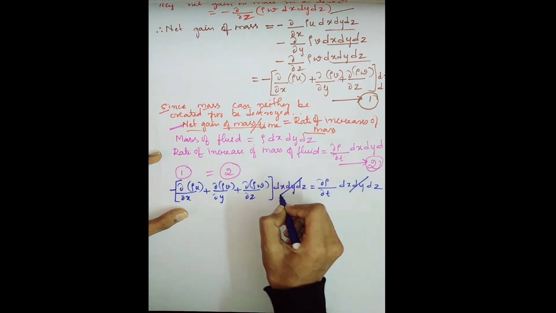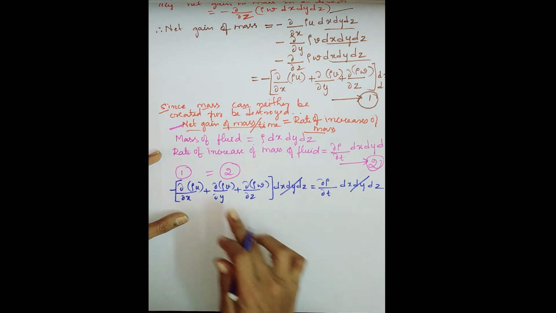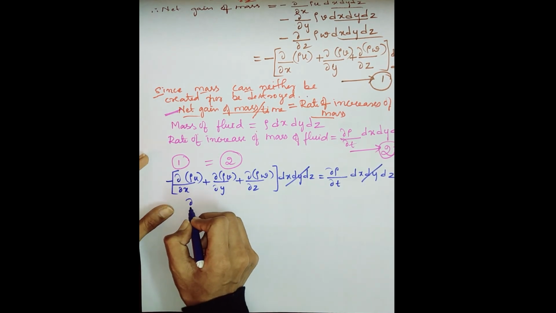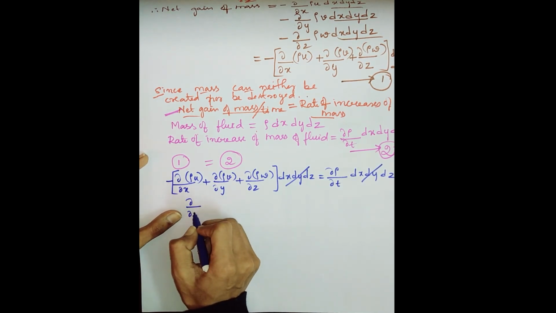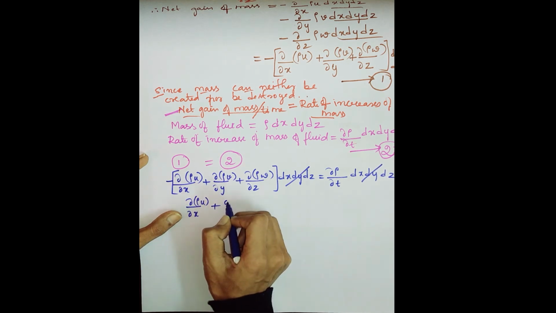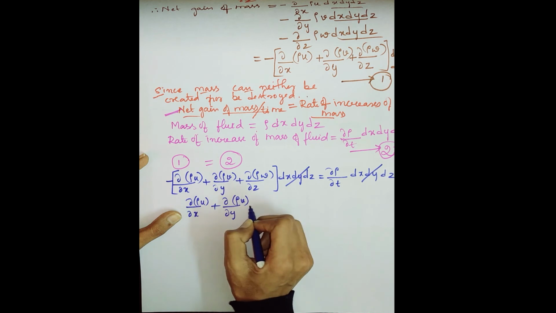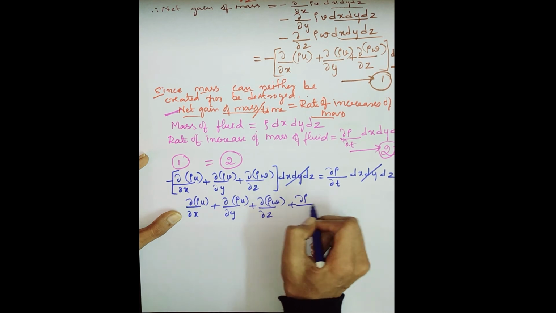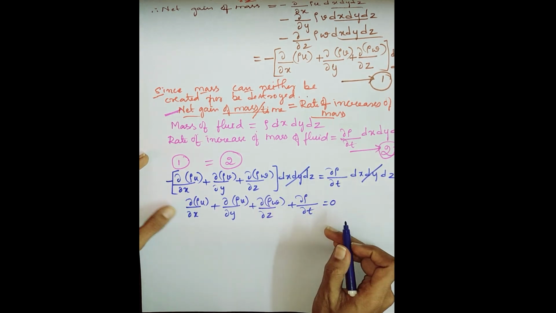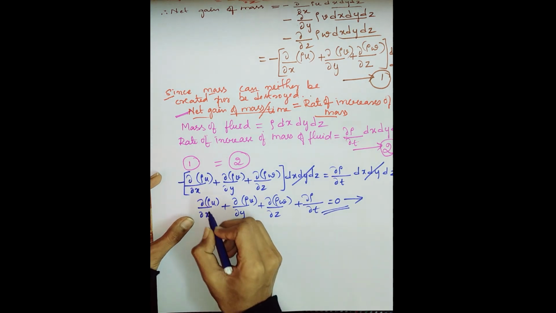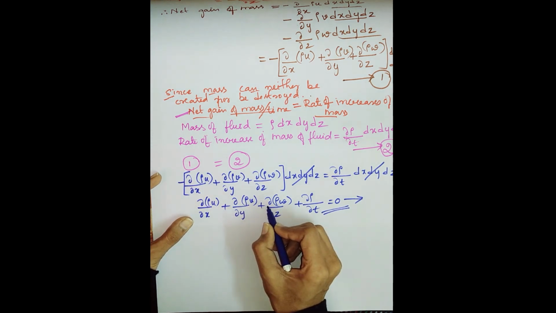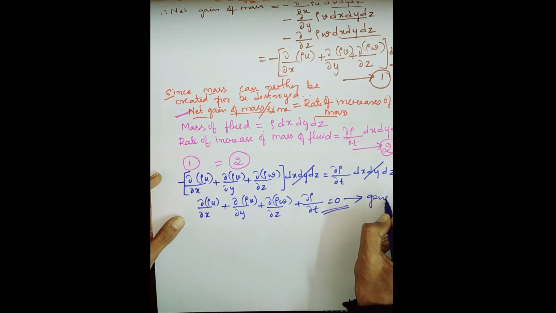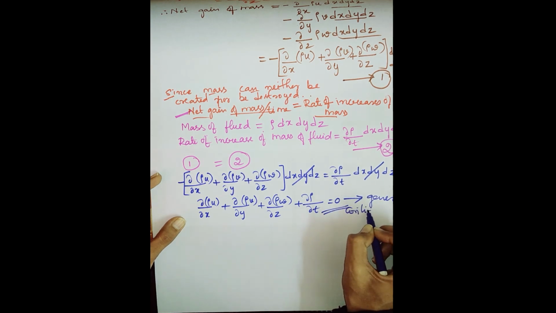Here both the terms, this dx, dy, dz will get cancelled, and we'll send all this to the right hand side. So you will get dou by dou x of rho u plus dou by dou y of rho into v plus dou by dou z of rho into w plus dou rho by dou t is equal to 0. So this is the general continuity equation.